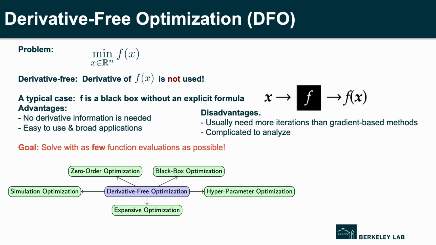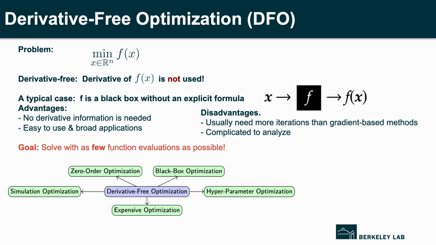And there are advantages and disadvantages. For example, since no derivative information is needed, it's very convenient for the users because they only need to provide a black box. For example, the black box can output the function value at any input points, and it's easy to use.